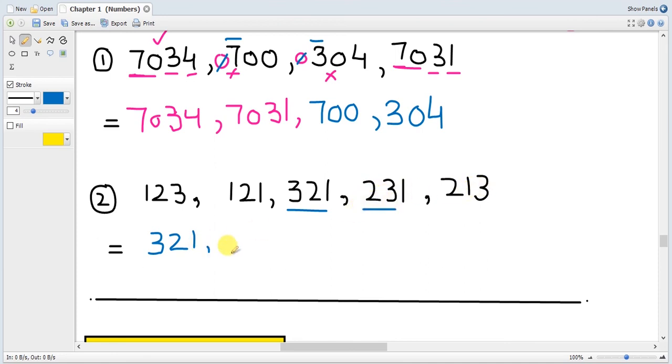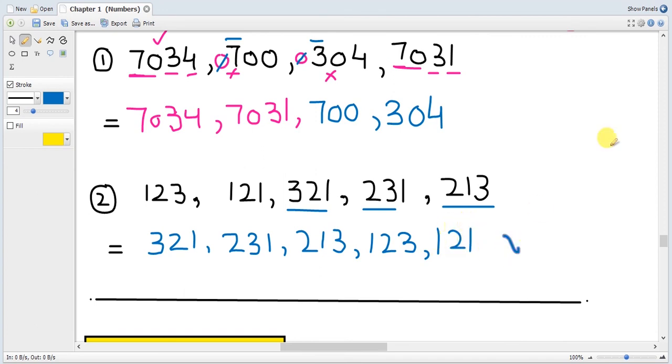So this comes first because 31 is bigger than 13. Then we have this 213. After that, from these two numbers, we have 123. And at last, we have 121. So we are good to go.